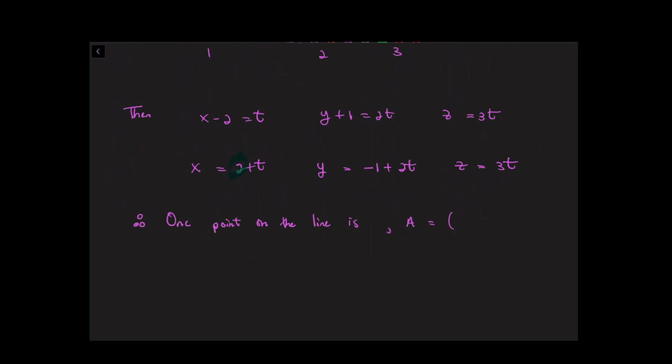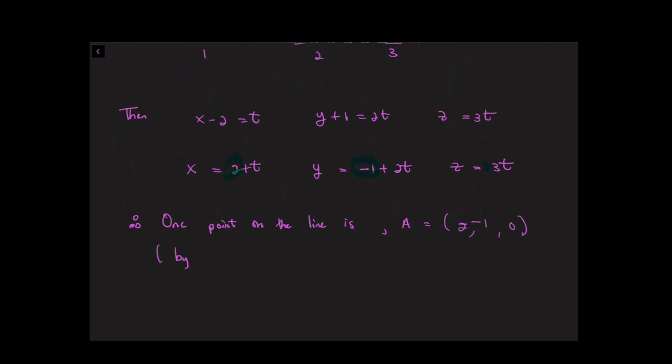So we have 2, we have negative 1, and we have 0 here, since there is no constant in z. So we have positive 2, negative 1, and 0. That is by setting t equal to 0.